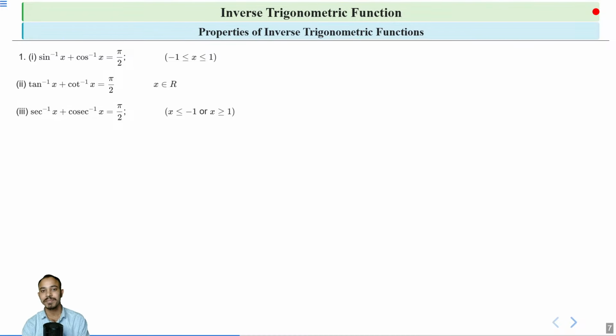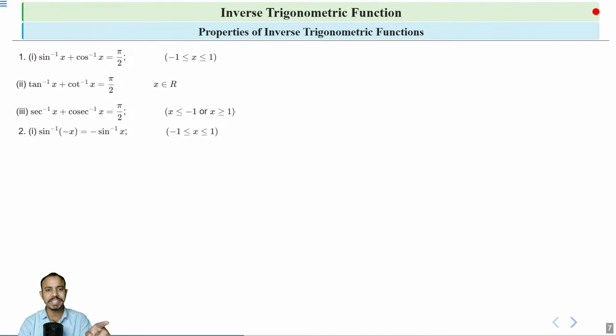Okay, now see another property of inverse trigonometric function, that is sine inverse of minus x. This is equal to minus of sine inverse x. Here minus 1 less than equal to x less than equal to 1. So you will know about odd function. If the function f of x we have, f of x is called an odd function if f of minus x is equal to minus f of x.